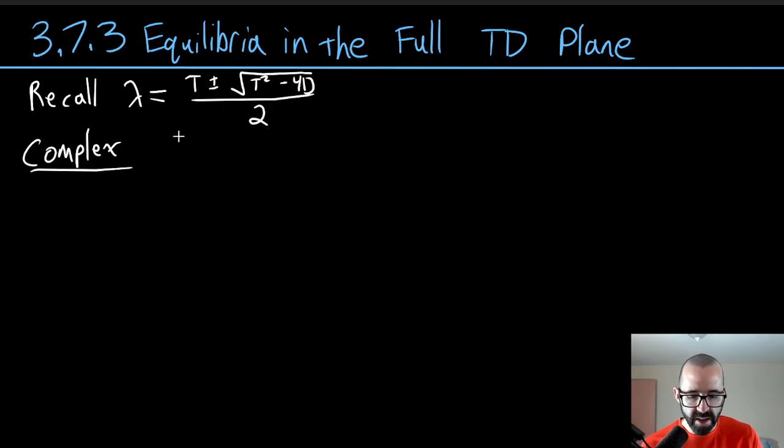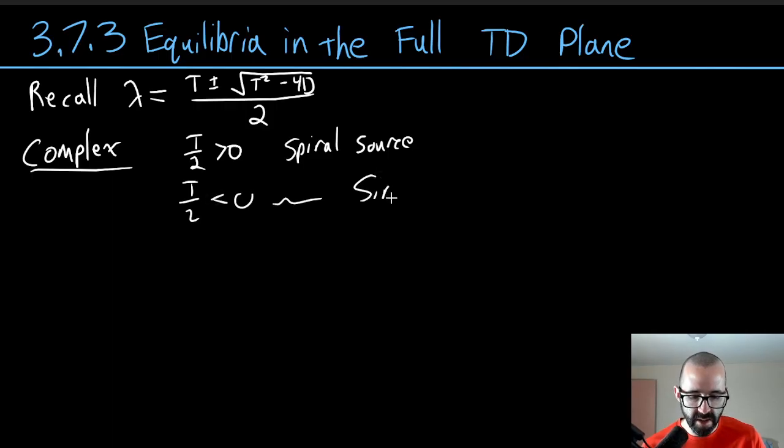So specifically, if we have a complex eigenvalue, if t over 2 is positive, that's the real part. So if the real part's positive, it's a spiral source. If the real part is negative, it's a spiral sink. And if the real part is equal to 0, we have a center.